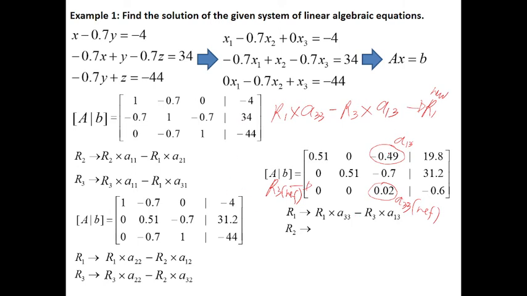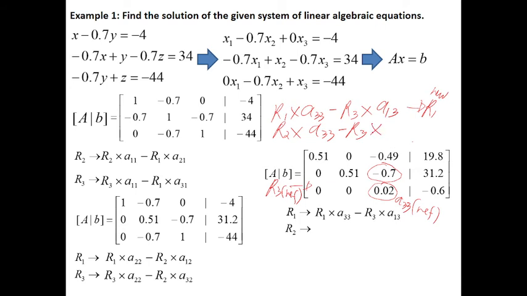Similarly, para sa row 2, kung halimbawa ito yung gagawin natin 0. So, row 2 yan. Anong multiply sa row 2? Reference element, A33. Then, anong ima-minus? Reference row, R3. Then, anong multiply sa R3?